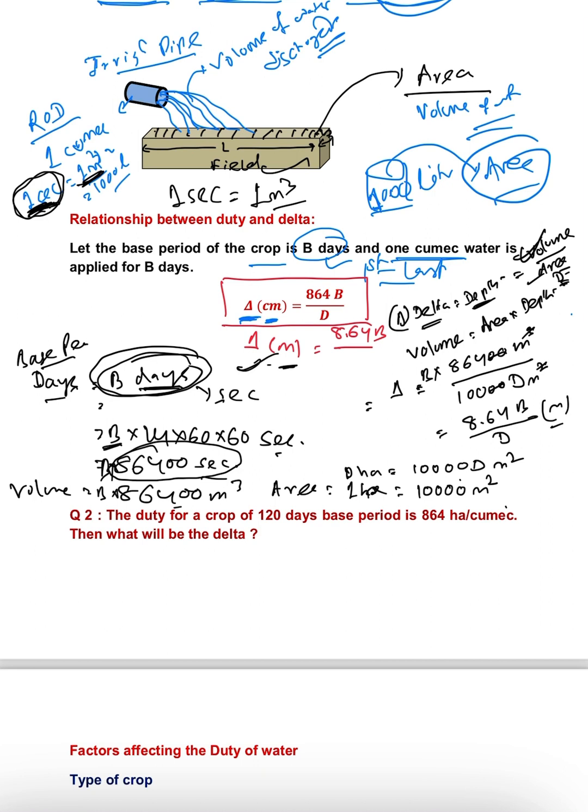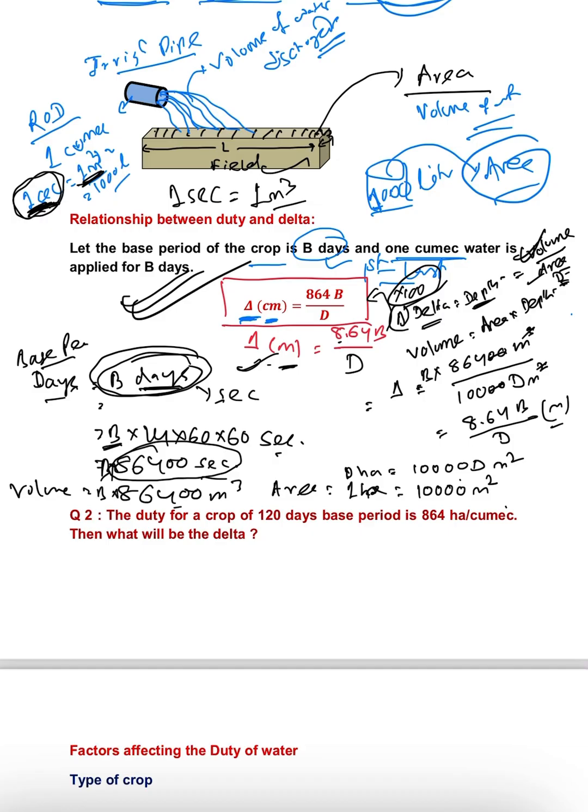So if delta is in terms of meter, it will be 8.64 B by D, and if you convert into centimeter, just multiply by 100, so it becomes 864 B by D. So this is the most important thing you have to remember.